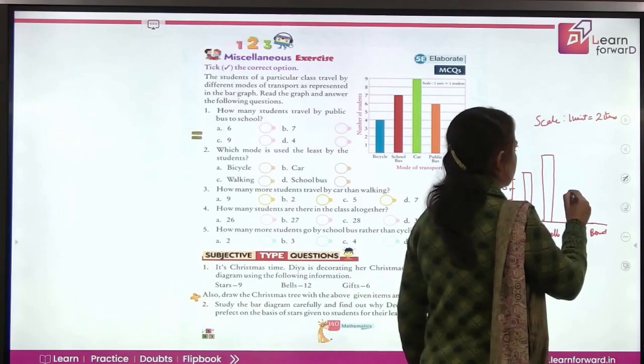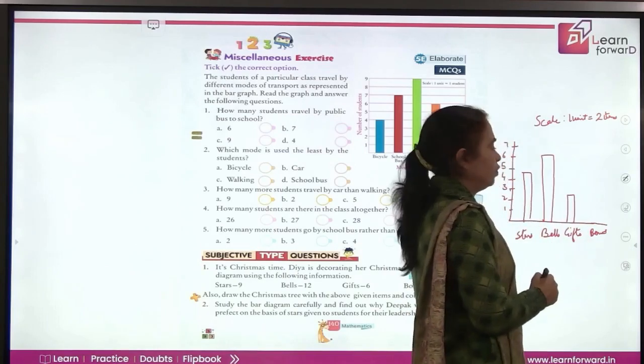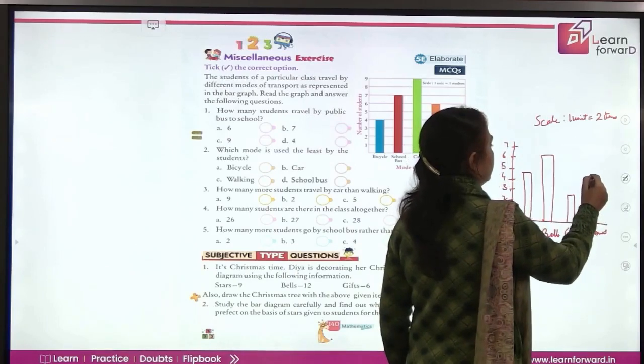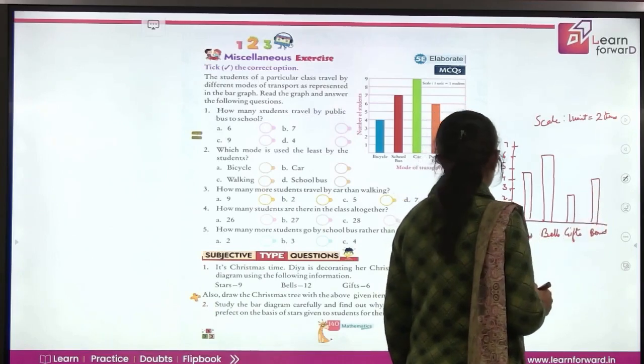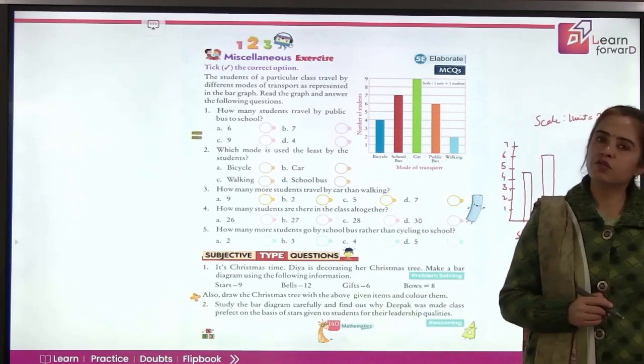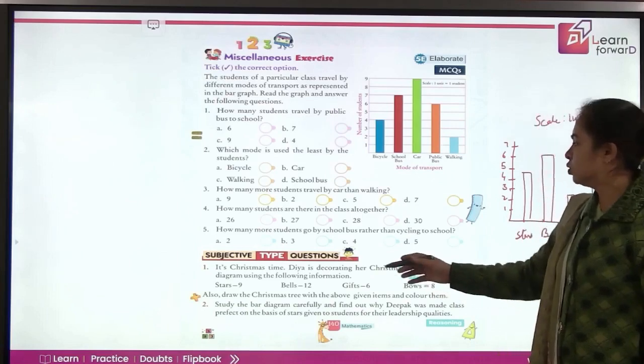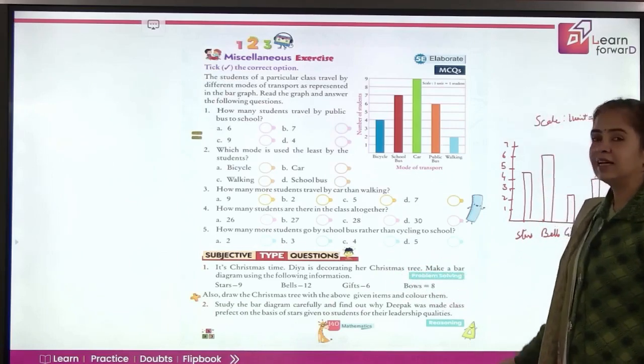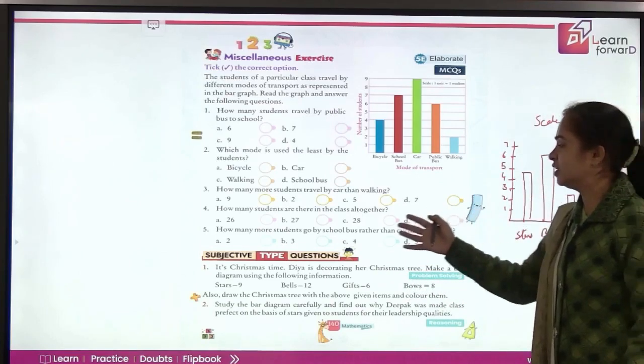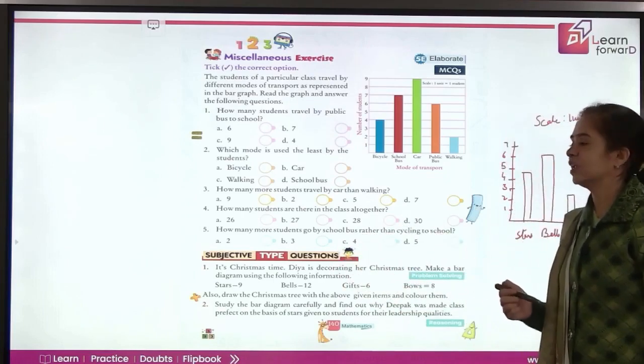Gifts are just 6. That means 6 divided by 2 will give you 3. And bows are 8. So 8 divided by 2 will give you 4. You'll go up to number 4. Also draw the Christmas tree with the above given items and color them. So decorate your own Christmas tree with these number of items used for decoration.